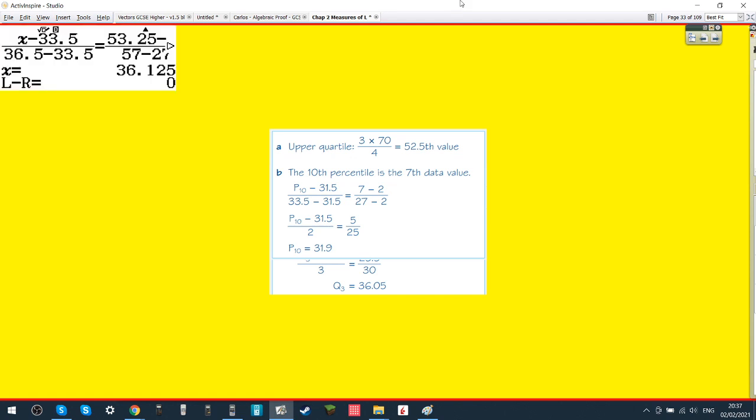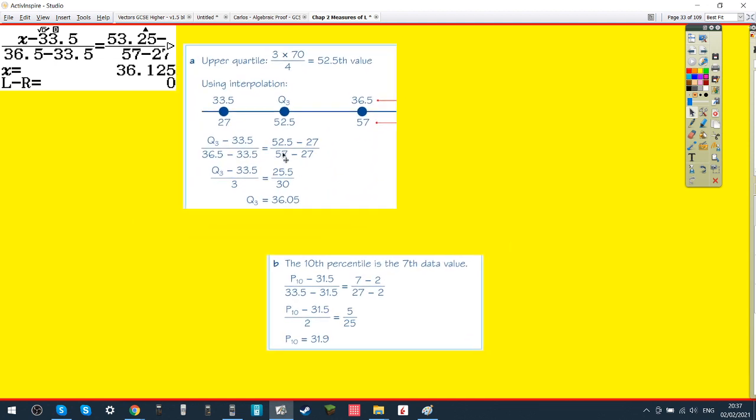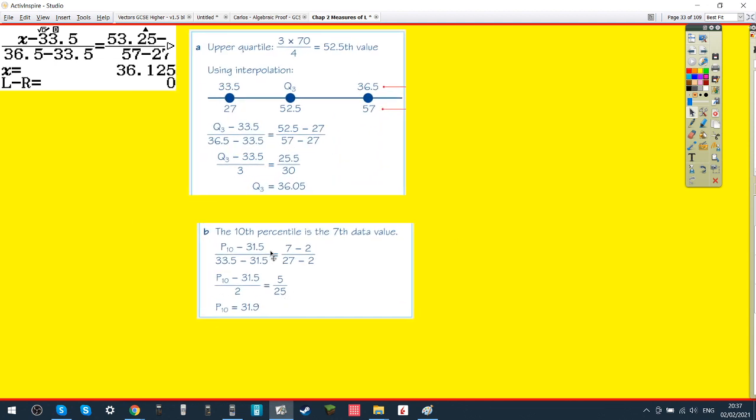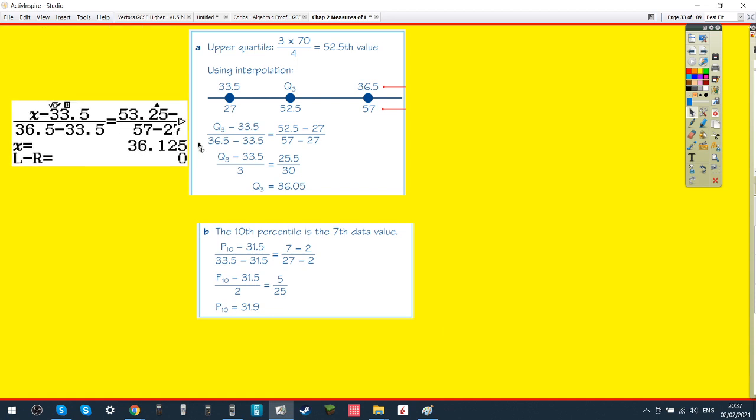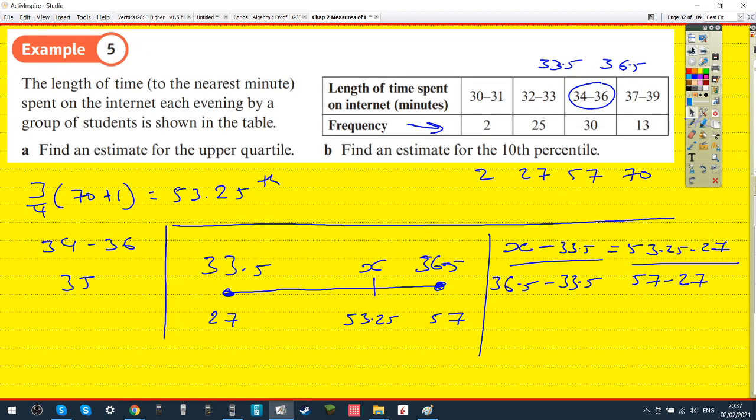Let's take a look. 36.125. There you go, 36.0. That is X minus 33.5 over 36.5 minus 33.5. Okay, let me see why that is. 52.5.